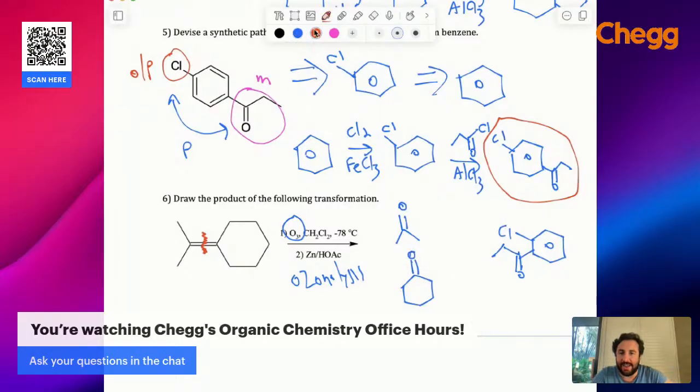So here we had reductive workup, but it didn't end up mattering, because oxidative versus reductive workup only matters if you are deciding whether you are left with an aldehyde or a carboxylic acid. Here, these are both secondary carbons, right? For a secondary carbon, it doesn't matter because you're going to get a ketone either way.